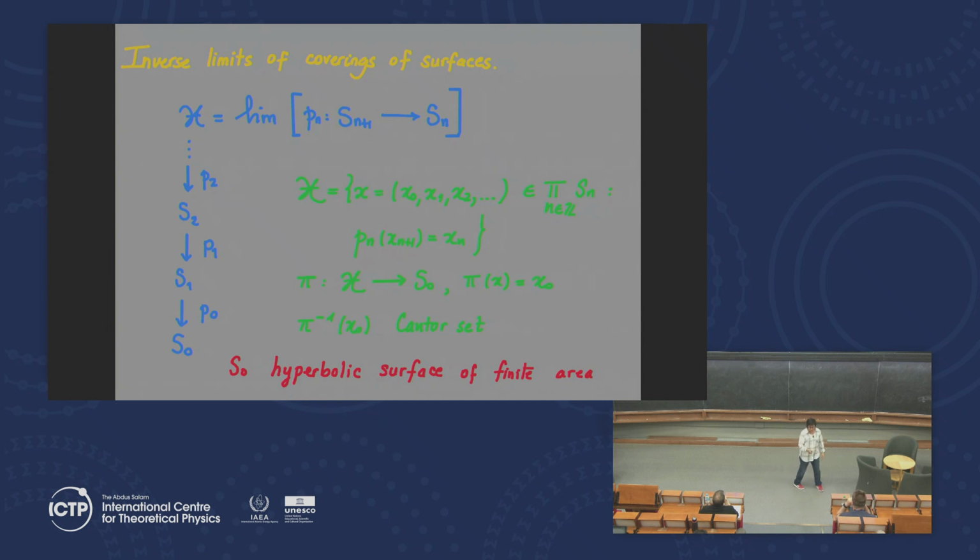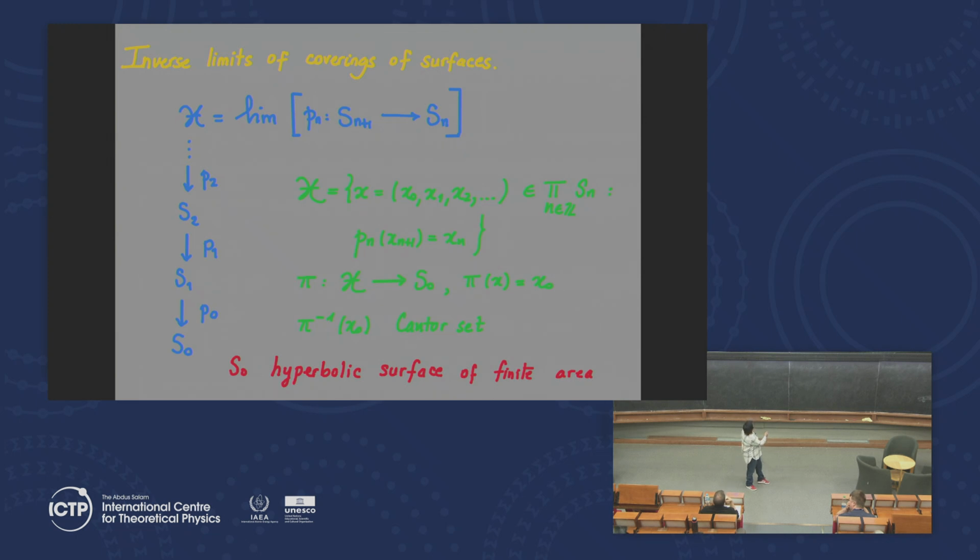You start with one hyperbolic surface of finite area, and you take a finite covering of it, and then another one, and then another one, and so on and so forth. And you construct the inverse limit of this tower of finite coverings.